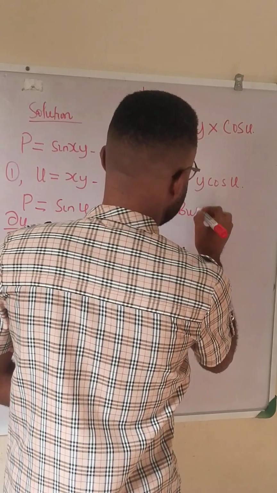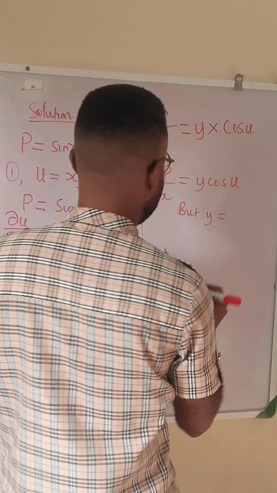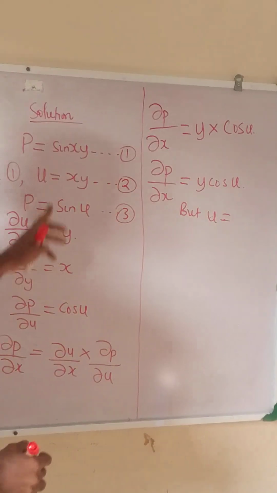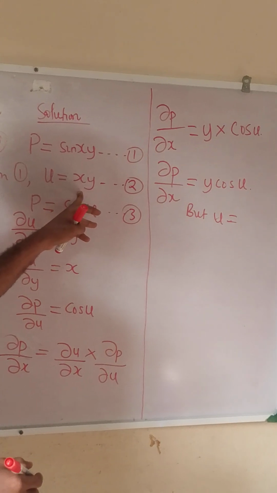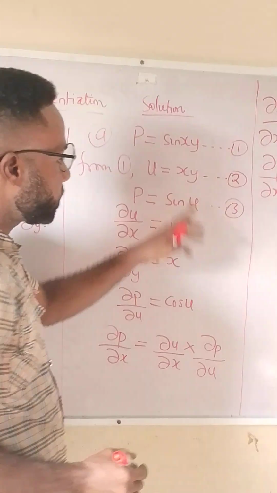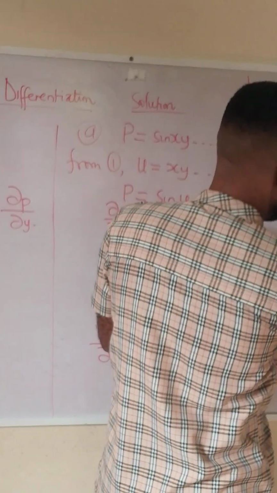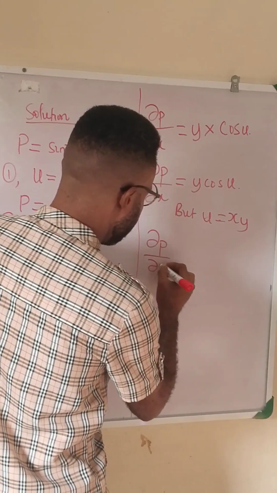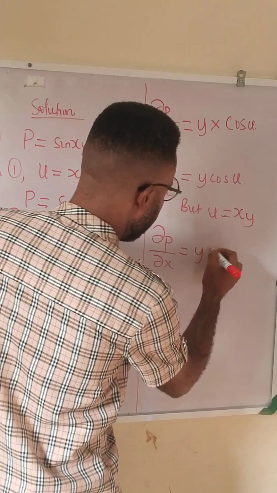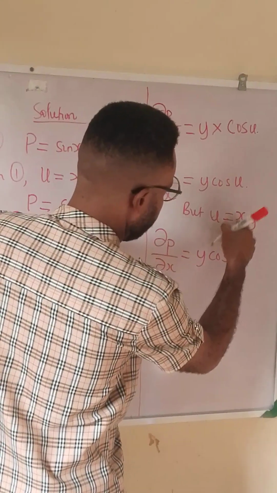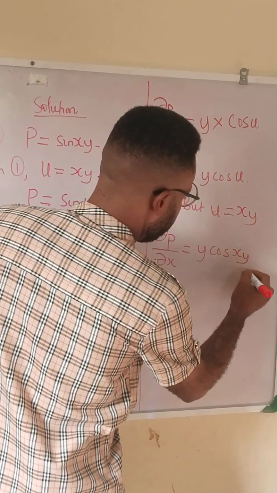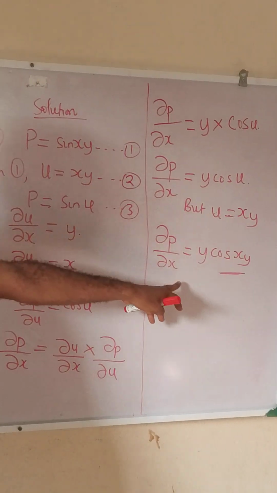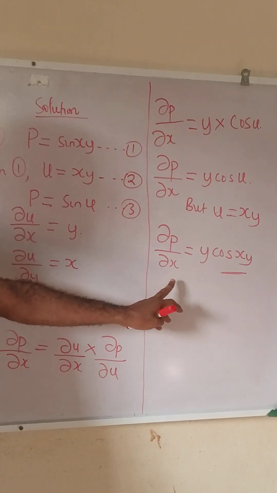But recall that we made a mathematical statement here that u equals xy, so that finally our partial derivative of p with respect to x will be y cos xy, as we bring in the value. With this we've been able to determine the partial derivative of p with respect to x.